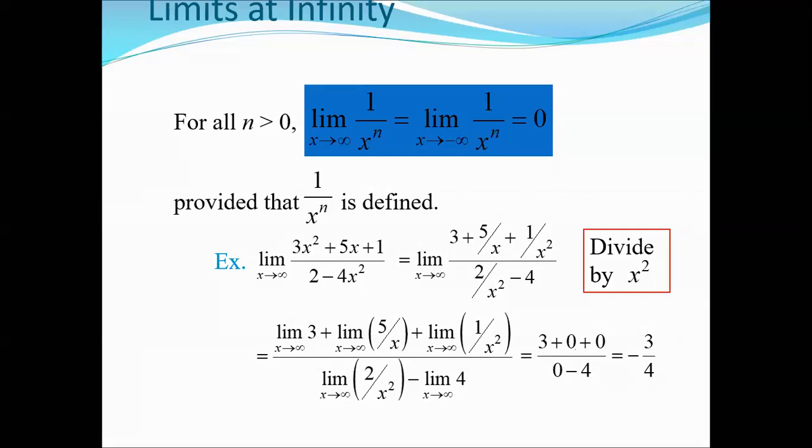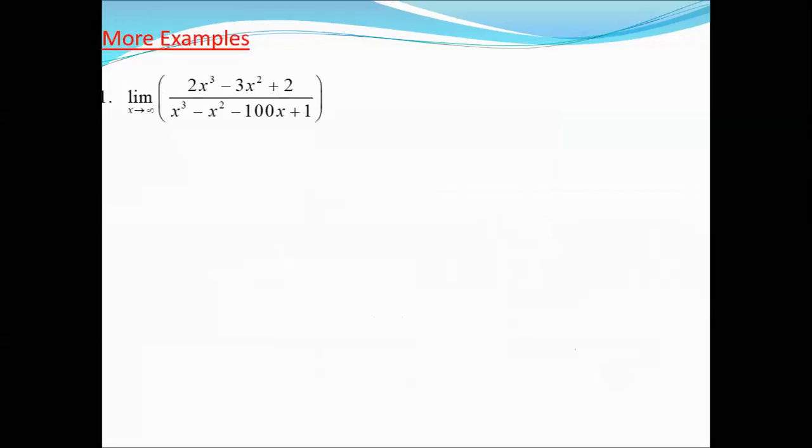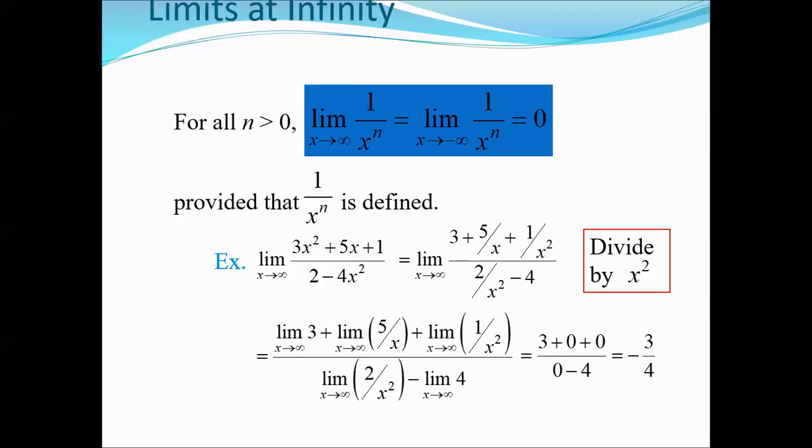So when x tends to infinity, 3 becomes 3 as well. 5 by x tends to 0, 1 by x square tends to 0, 2 by x square tends to 0, and 4 is constant, so limit of 4 is again 4. So 3 by minus 4, that is minus 3 by 4. Clear?